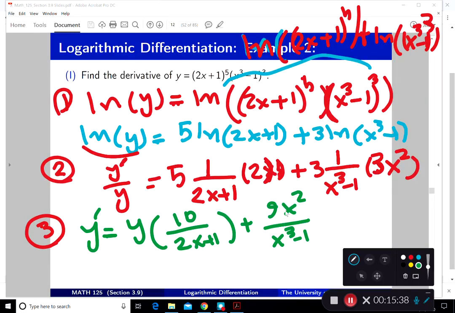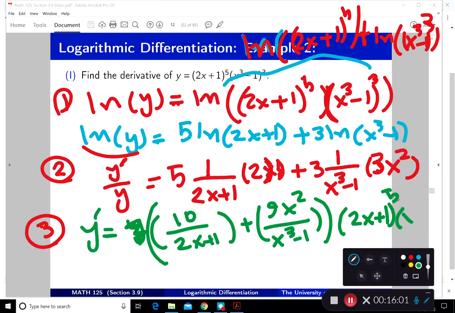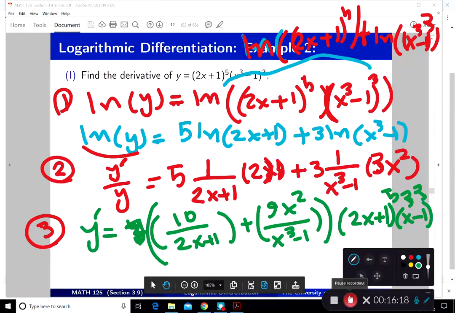And then if I want to replace y with what it was to begin with, let's get rid of the y over here and replace it with the function that it was. And I get the answer. So that's how we solve a derivative of a product using logarithmic differentiation.